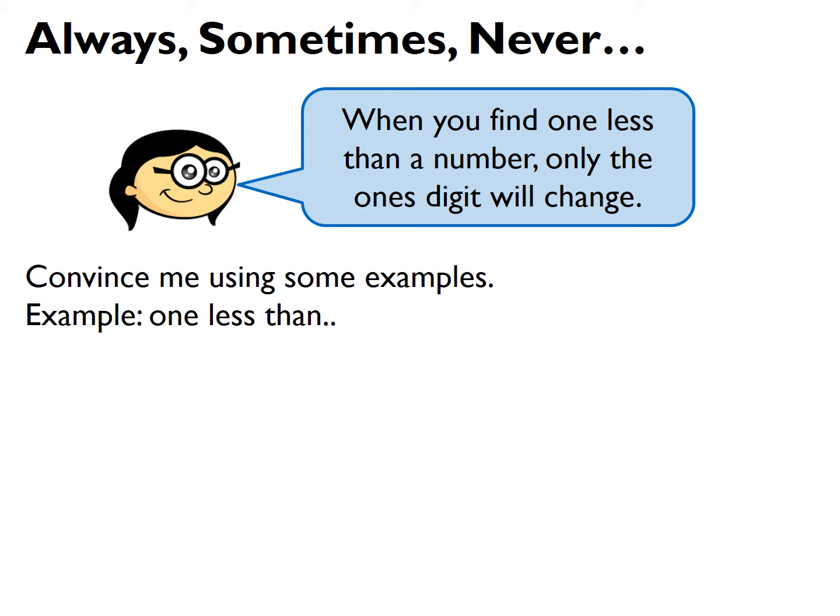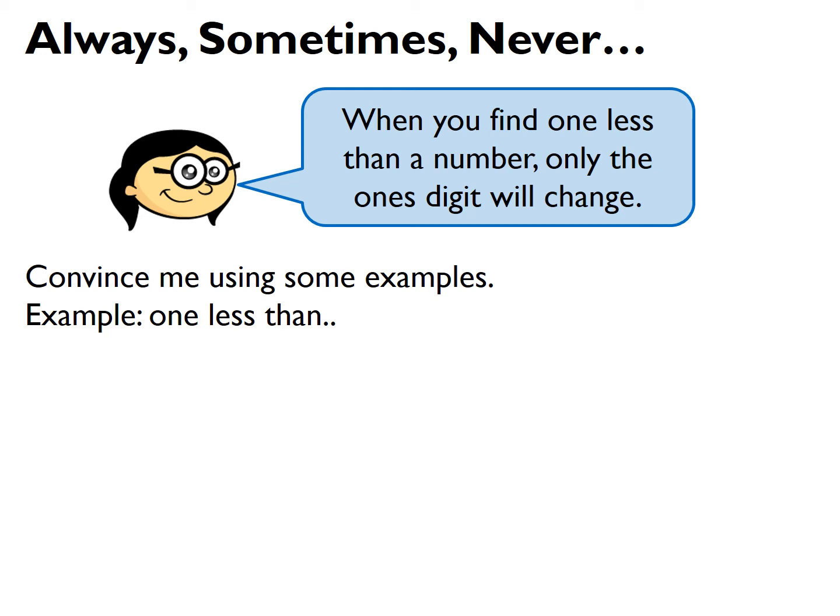So put an example here. If I was trying to prove it, I would be writing one less than something is. So pick numbers. Does only the ones digit change? Pause the video and have a go, and then I will go through what I would have done when I saw this question.